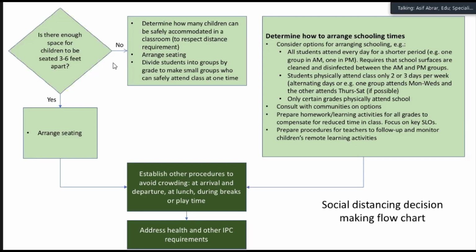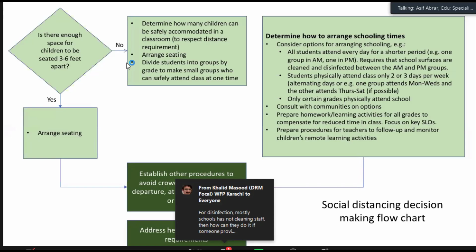Similarly, this flow chart also helps with decision making. For example, is there enough space for the children to be seated 3 to 4, or 6 feet apart? On the left top corner, as you see, if the answer is no, there are different actions that need to be taken. If the answer is yes, there are different decisions or next actions that can be adopted.